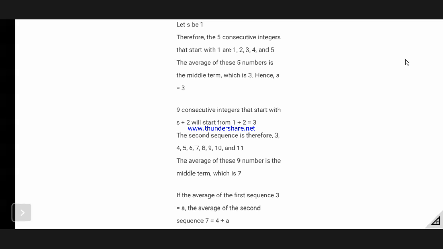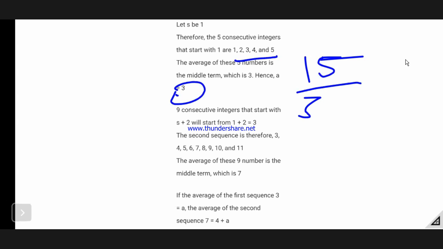Consecutive integers means next numbers. So 1, 2, 3, 4, 5. Their average will be 3. We add those values and divide by 5. We get 15 by 5, that is 3.